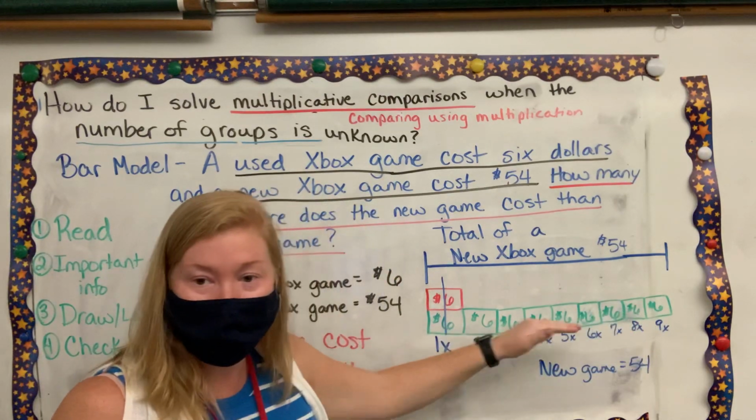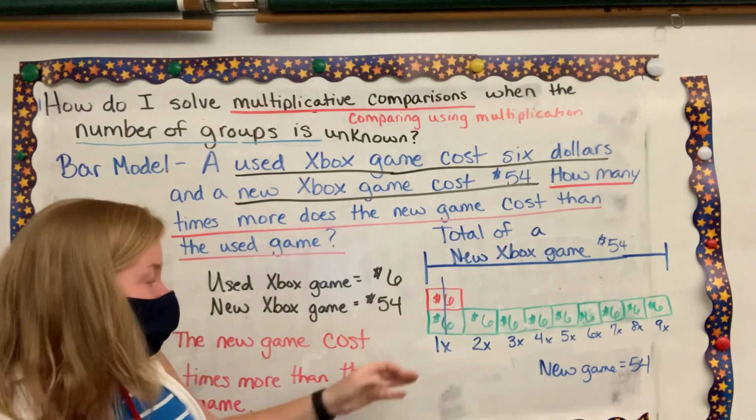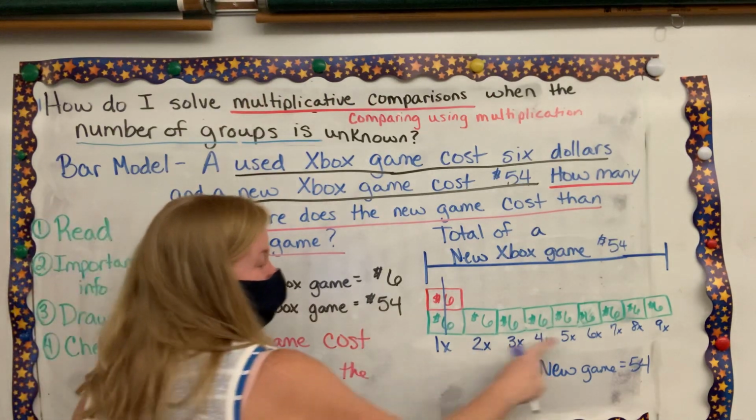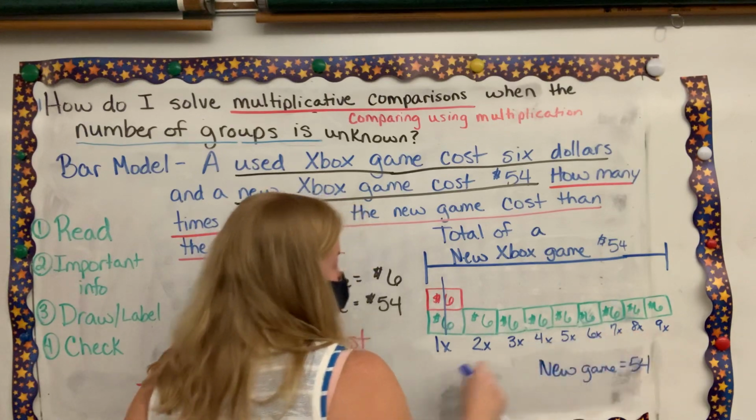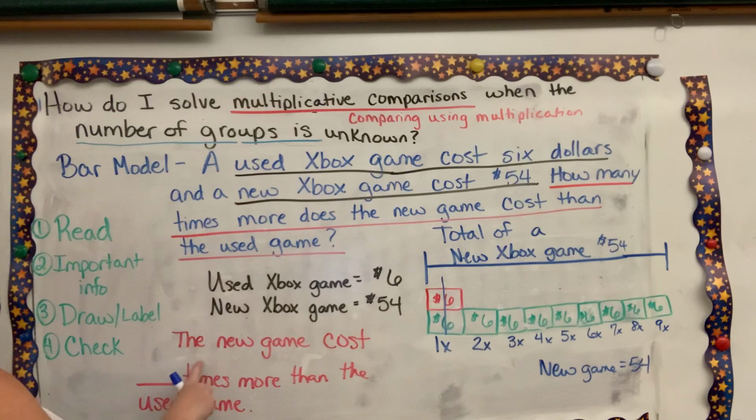I mean, you have the 9 boxes, right? Yes? So because we have those 9 boxes, it's 9 times greater. So a new game costs 9 times more than the used game.